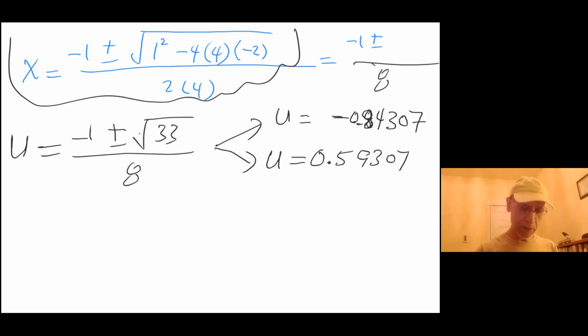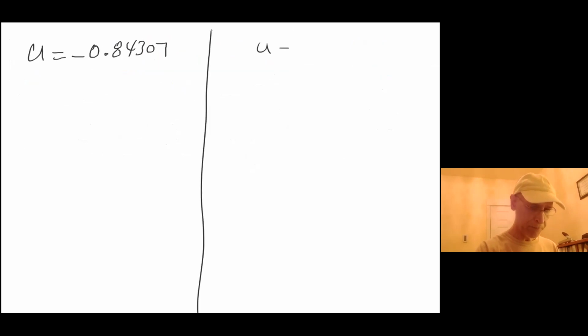So what was u? Let me just clear this because like I said, my iPad wouldn't write in that corner for some reason. So let me go to the next page. Maybe that solves the problem. So I have u equals minus 0.84307 and u equals 0.59307.